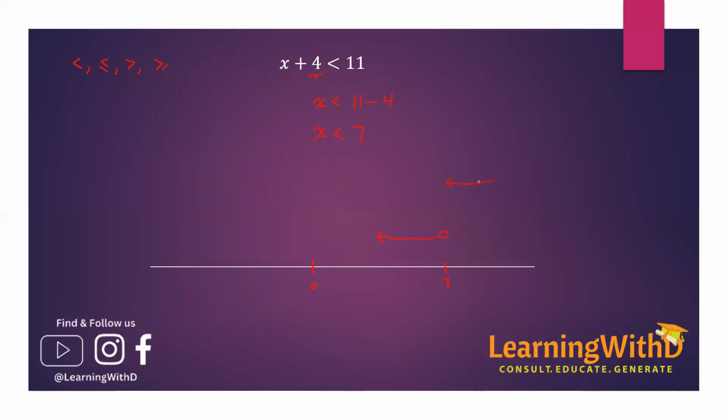It would look something like this. Okay, because there's a circle there, it means it's starting there, but not including that. And the fact that it's going left means it's less than. And the fact that there is an arrow means it's going to any number, even into the negatives. Okay, so this is what it would look like on the number line.